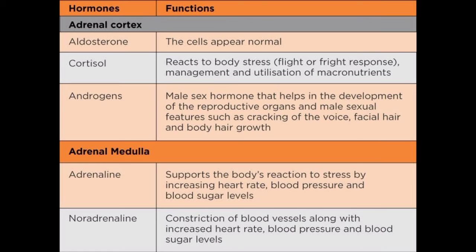It supports the body's reaction to stress by increasing heart rate, blood pressure and blood sugar level. Now the next hormone released by the adrenal medulla is noradrenaline. It causes constriction of blood vessels along with increased heart rate, blood pressure, and blood sugar level. That is the function of noradrenaline.